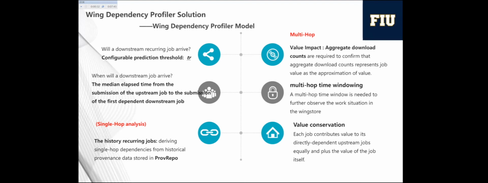The historical provenance data is obtained by using the log of the Prov repo model to make predictions in the single hop analysis.